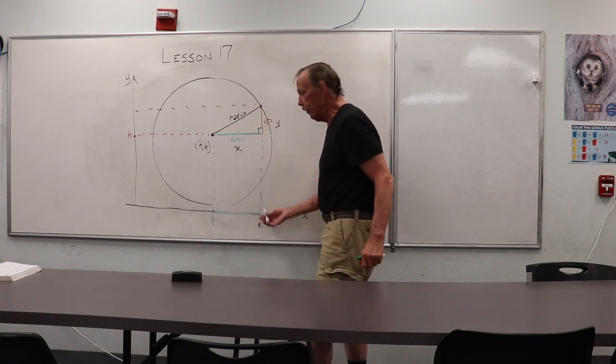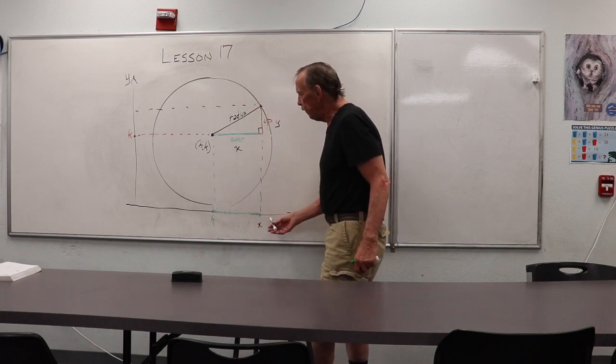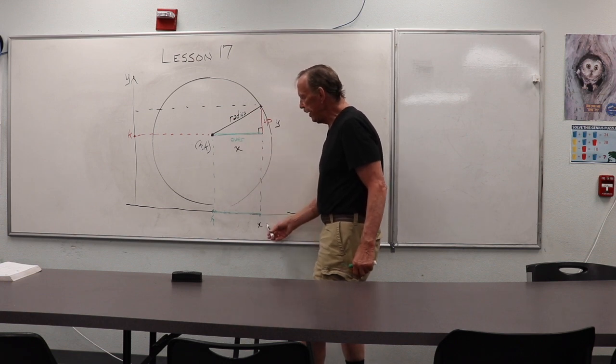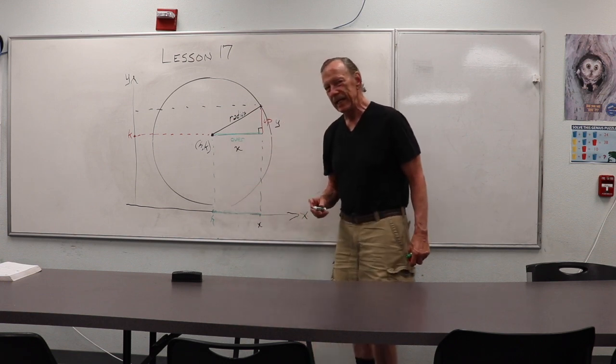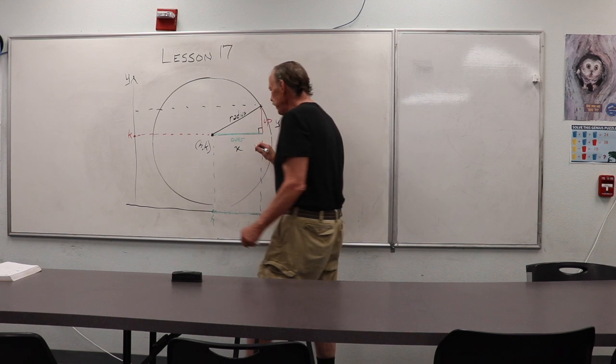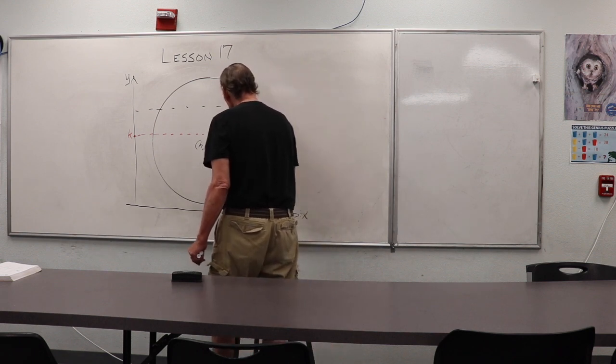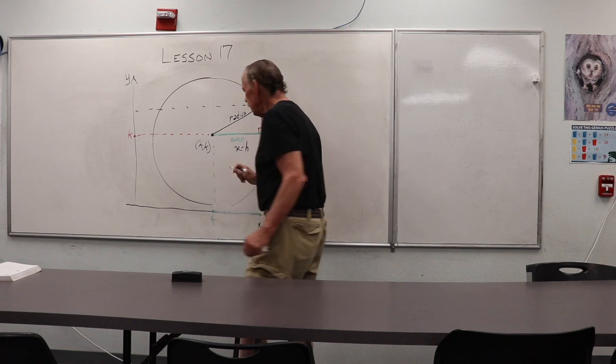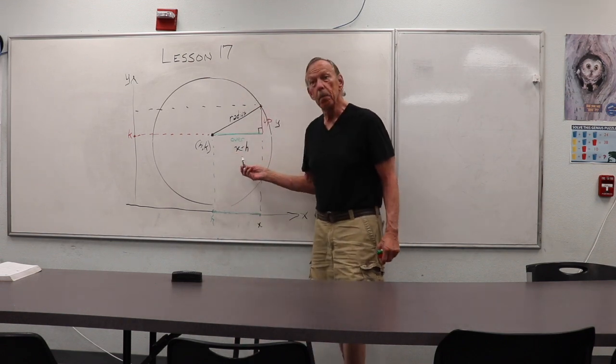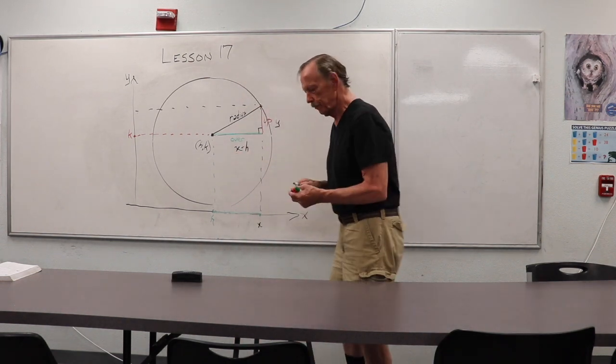That's the x value of this. But the green piece is going to be x minus h. So this piece that we called over is x minus h.